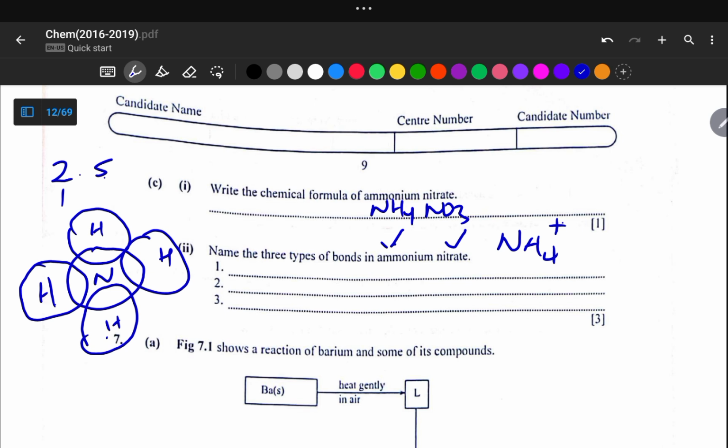Nitrogen needs 3 electrons to attain the stable noble gas electronic configuration, and hydrogen needs 1 electron to attain the duplet state of helium. So we've used 3 electrons from nitrogen, 1, 2, 3.